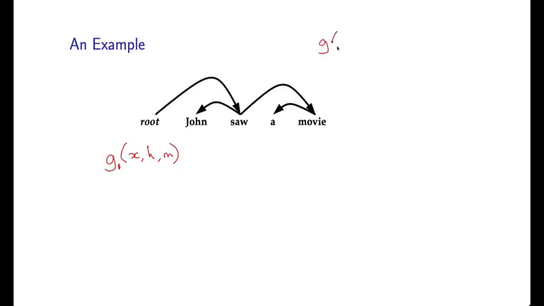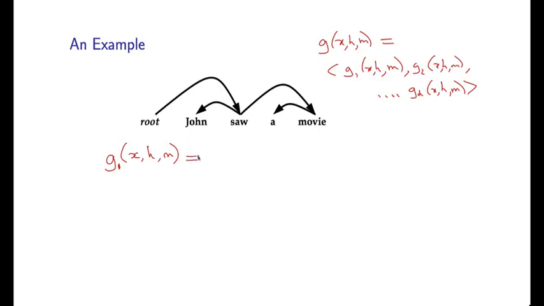So we're going to have g(x,h,m) is going to be a vector composed of functions g1(x,h,m), g2(x,h,m), right the way up to g_d(x,h,m), where d is the dimensionality of the feature vector, is the number of features. So each of these different functions g1, g2 up to gd will look at an x,h,m triple and return some value.